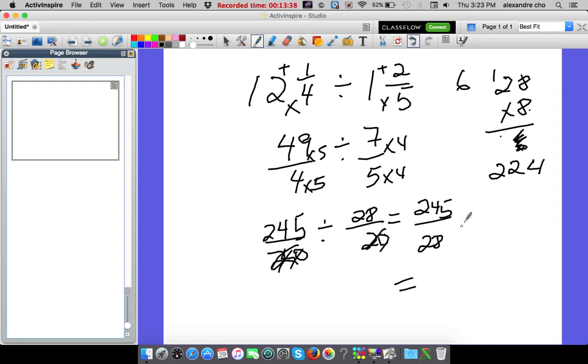That sounds about right. So 28 goes into 245 8 times. All right, and that will give you a remainder of 21 over 28. Okay, 28 goes into 245 8 times, which is 224, and then you have a leftover of 21 over 28. Okay, hopefully I'm right.